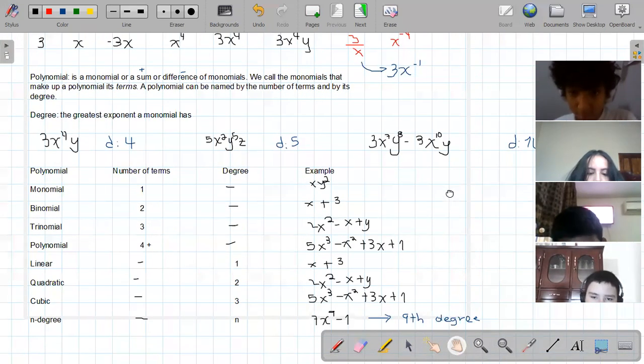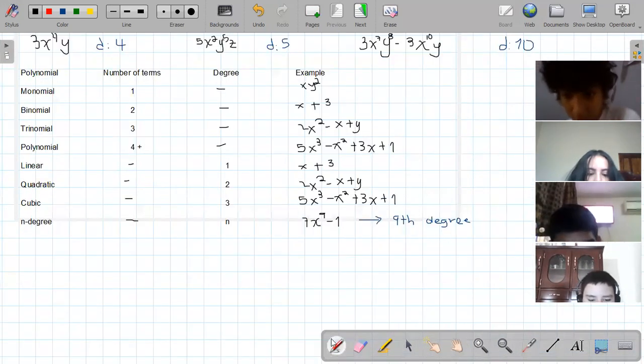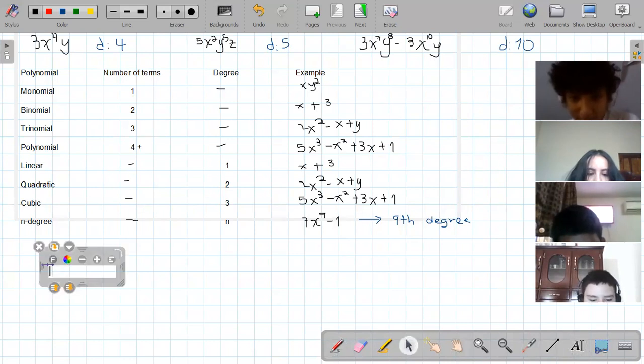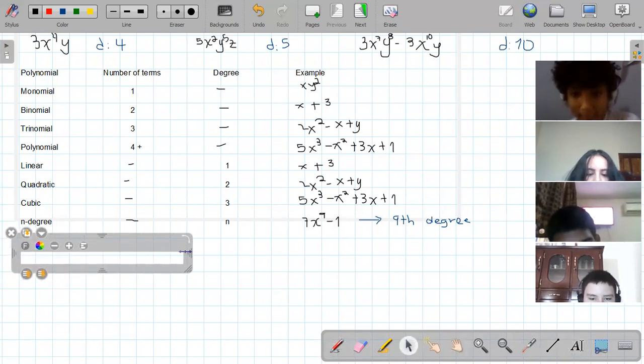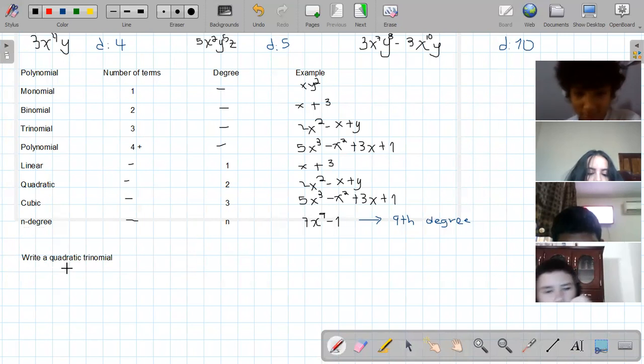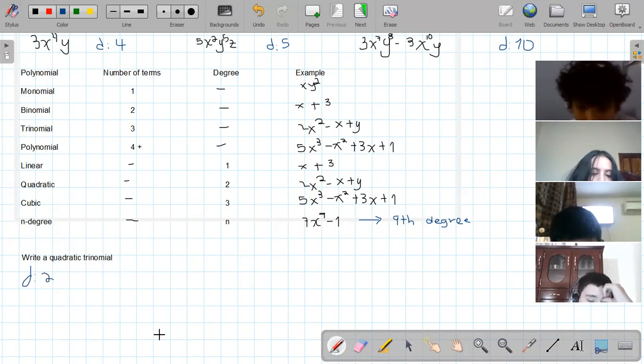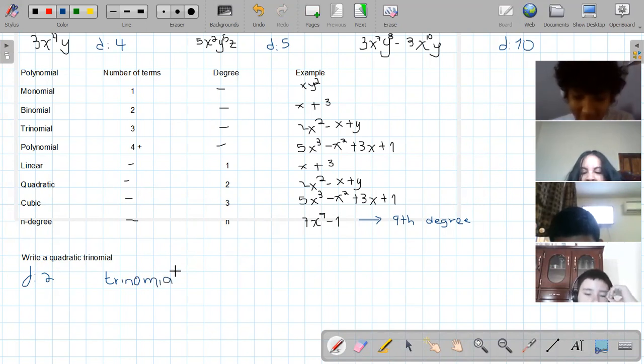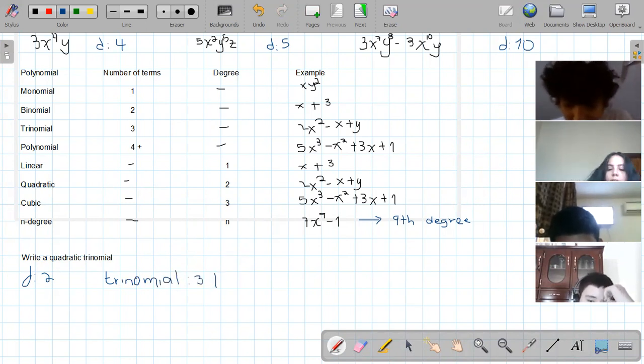If I say, for example, write a quadratic trinomial, let's do that as an example. What are you guys going to do? Well, it says quadratic, so it has to have a degree 2. It says trinomial, so what does it mean? It means 3 terms, okay?